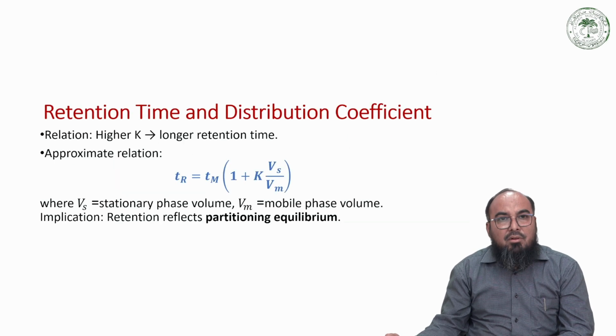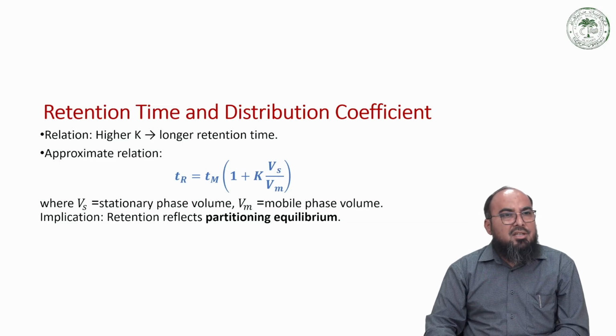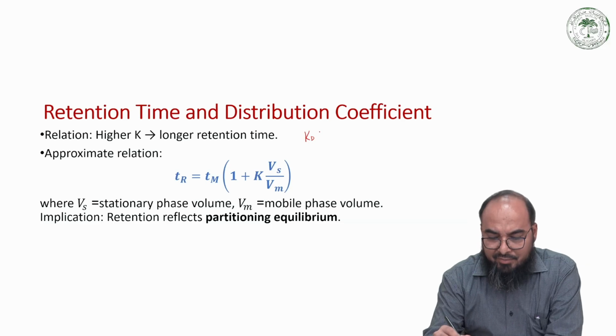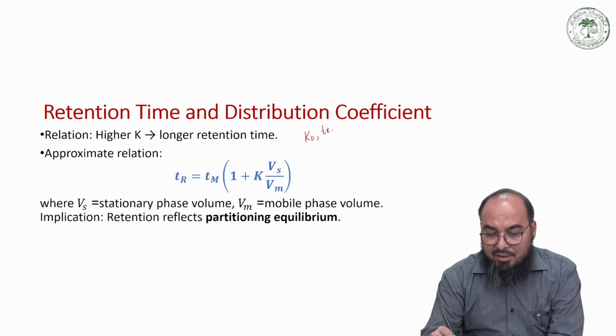So what we were having is this. Let us now relate the two quantities: one is the measurable quantity and the other is the non-measurable quantity. We have seen in our previous slides that KD is giving you information, but it cannot be measured directly. What you can measure directly is the TR, the TM, and of course the TR dash.